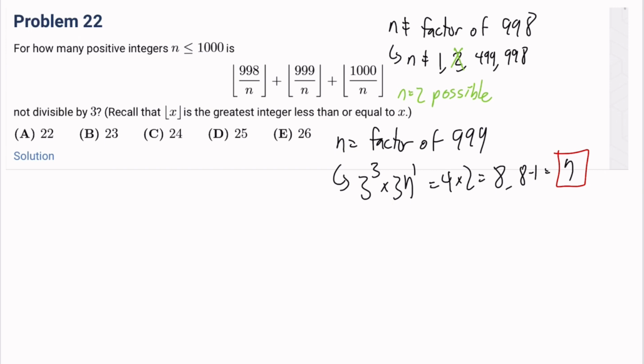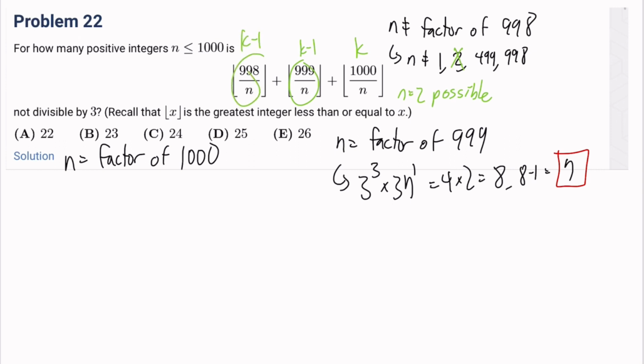And lastly, our last condition is that n should be a factor of 1000, right? And that is for the same reason. If n is a factor of 1000, then this number would be something like k, but then this would be k minus 1, and this would also be k minus 1, right?